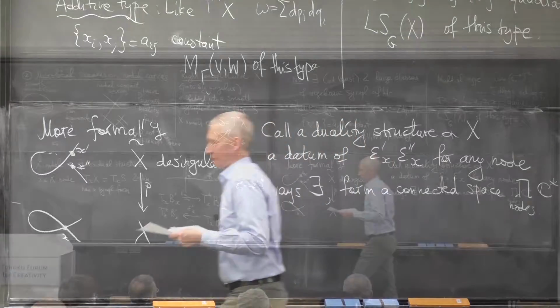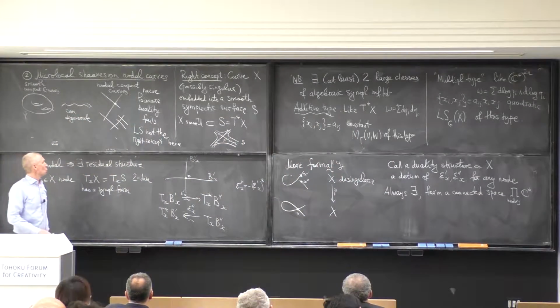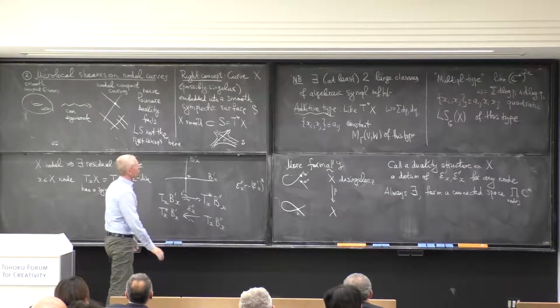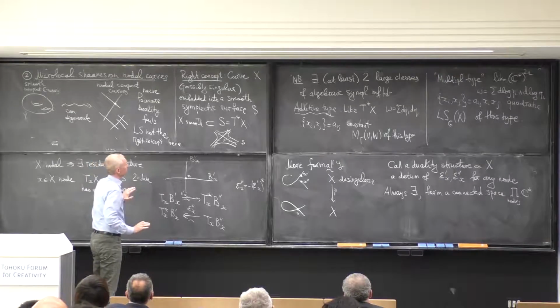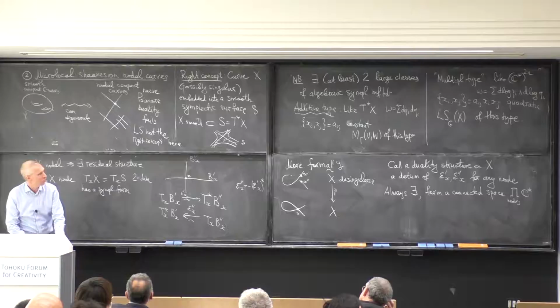So we can say that we fix something like this. And then we don't want to deal formally with the symplectic surface anymore. We just say that this residual structure already gives us a lot of data that we need to proceed.